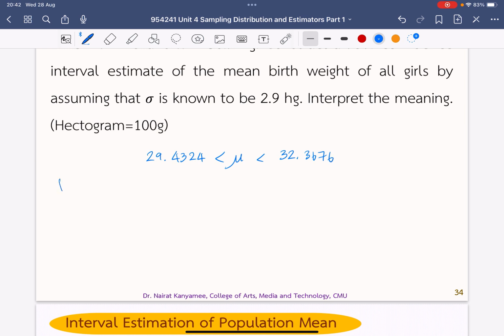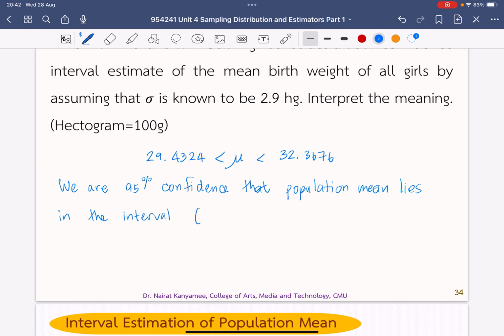So to interpret, this means we are 95% confident that the population mean lies in the interval 29.4324 and 32.3676.